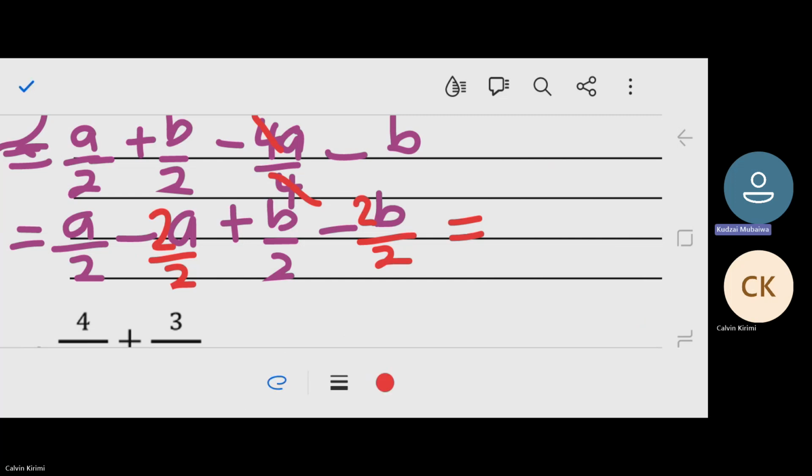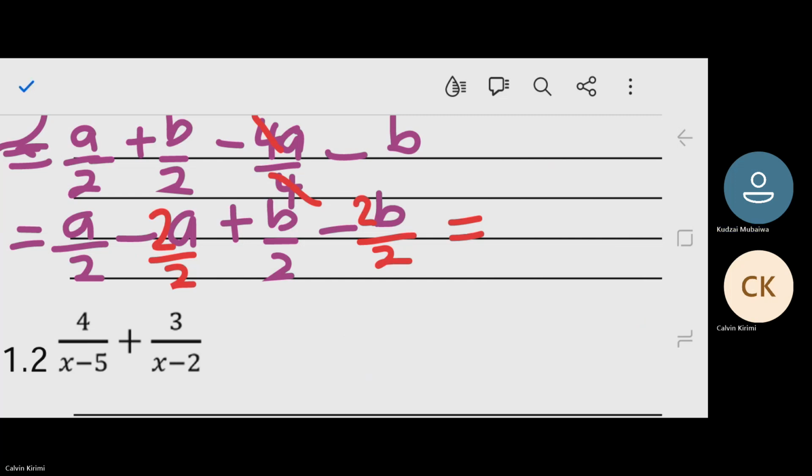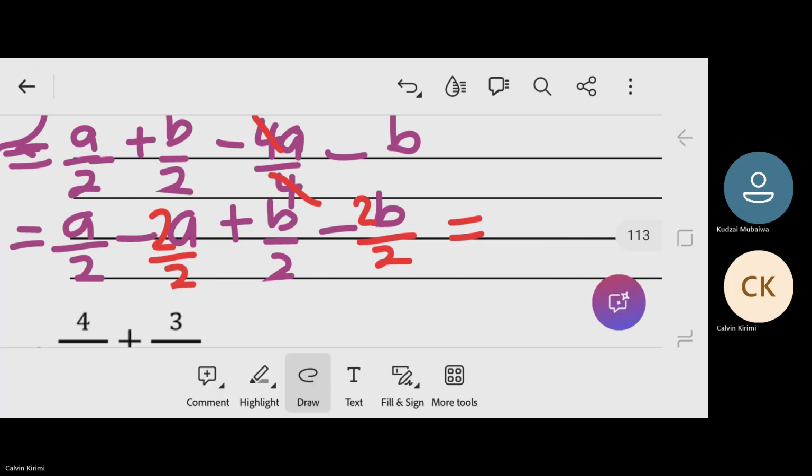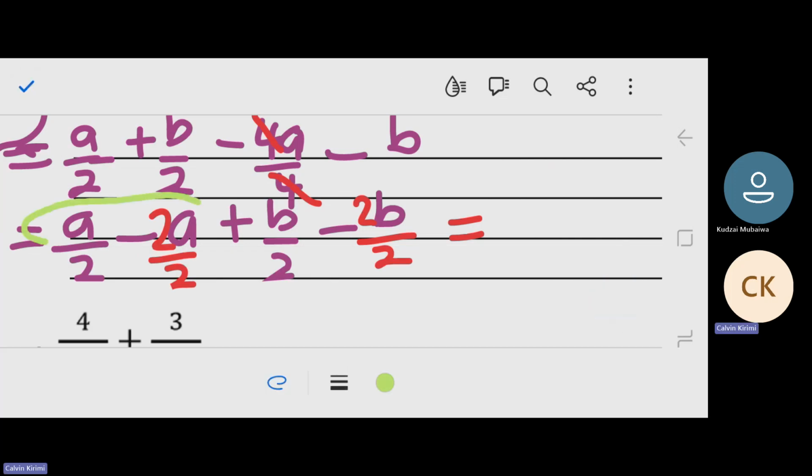The one in green. A minus 2A is what? Is it negative 2?